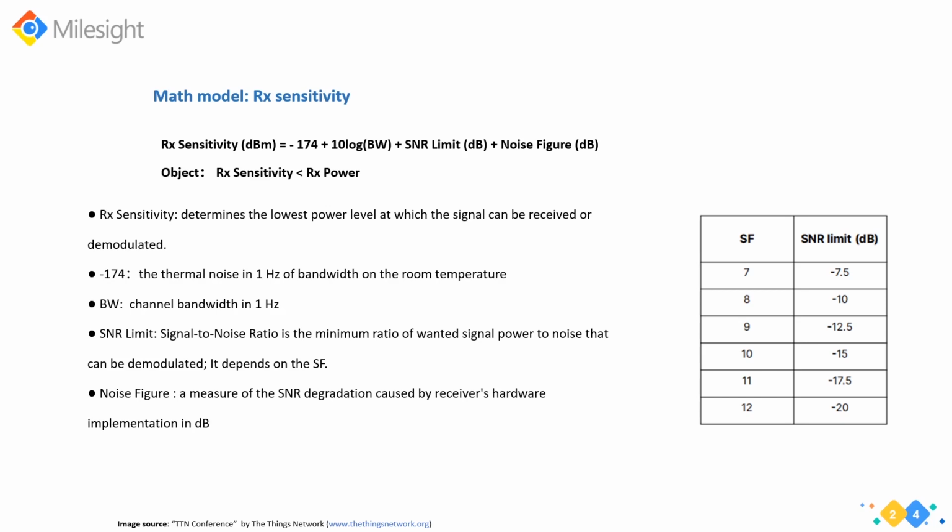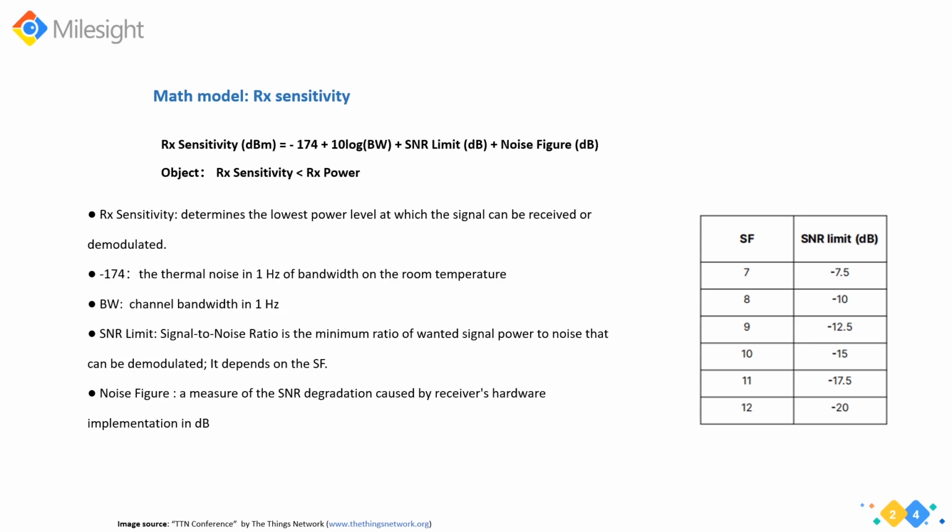So it's a fixed figure determined by the hardware, by the chipset. And the noise floor, that's very important. As we already mentioned, we can simply understand noise floor as a place full of unwanted interfering signals, which can corrupt or destroy the transmitted signals.